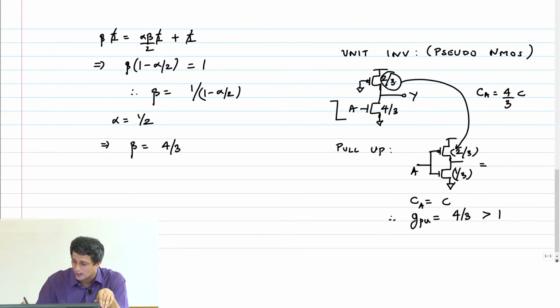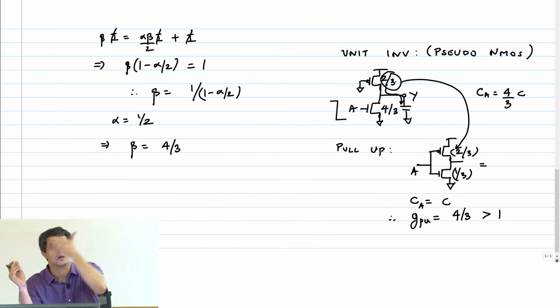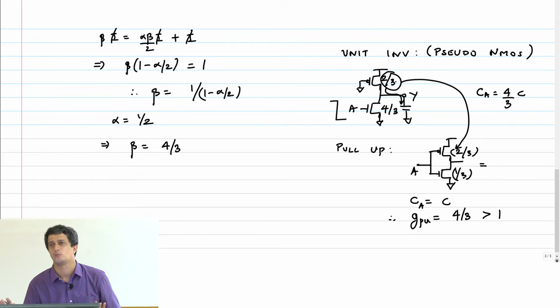So all the current coming from the supply flows through like this. Therefore I can interchangeably talk about resistance and current here, because the same current is flowing through the load capacitor. So I replicated that 2/3 here, constructed the NMOS size, and got the logical effort as 4/3.